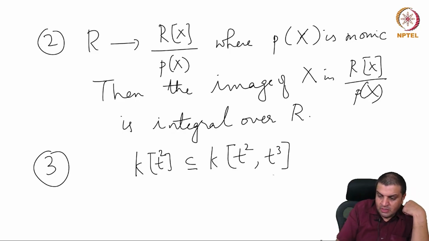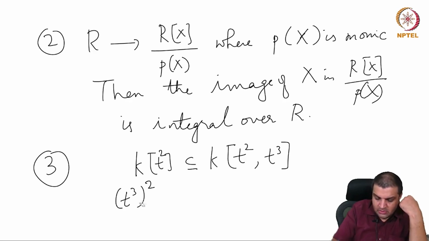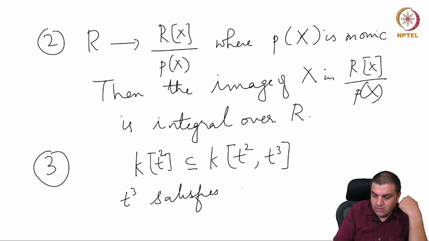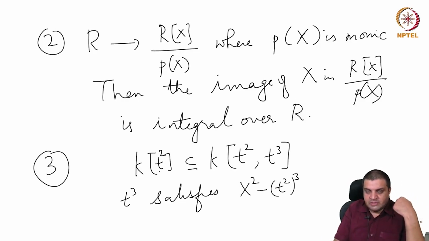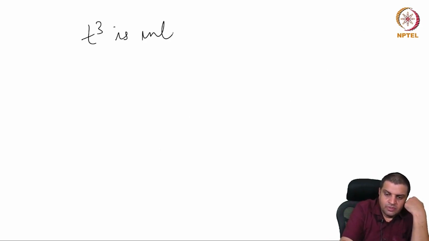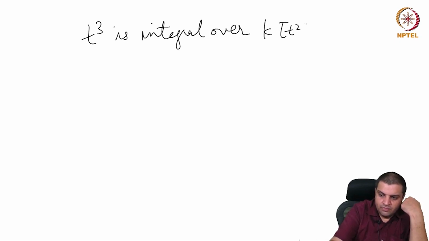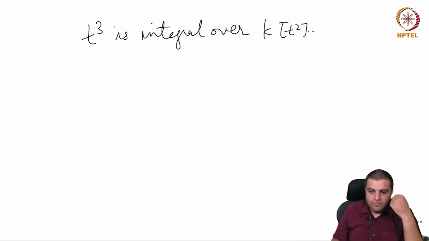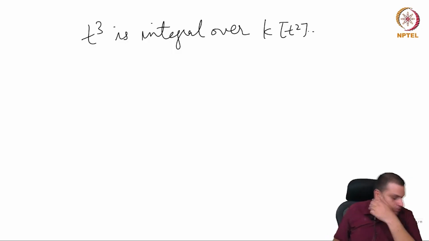Now t cube, so this is the S that we are looking at. t cube satisfies x squared minus (t squared) cubed. t squared comes from the subring R, and t cube is from S. So t cube is integral over k[t squared] in that ring. Okay.